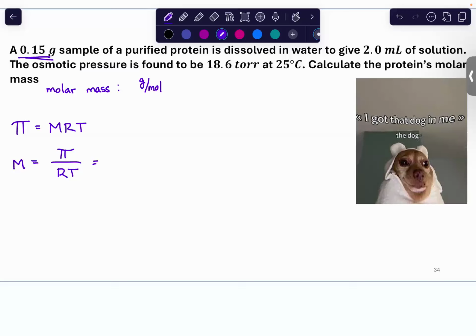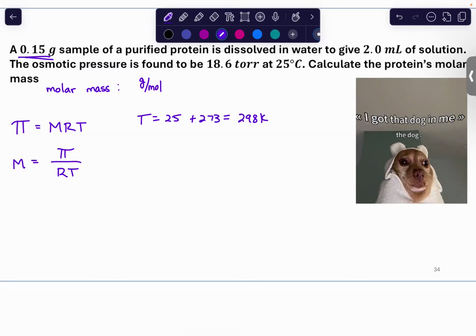Okay, so let's use the right page. So there's our 298. Okay, so our pressure is in torr. Our gas constant is in atmospheres, so we'll translate.